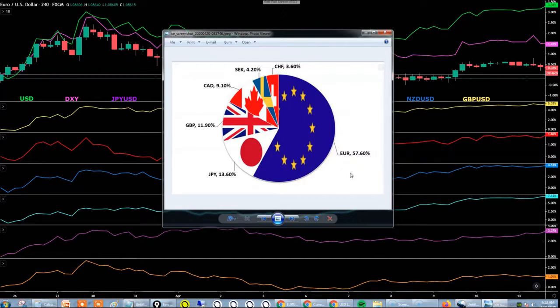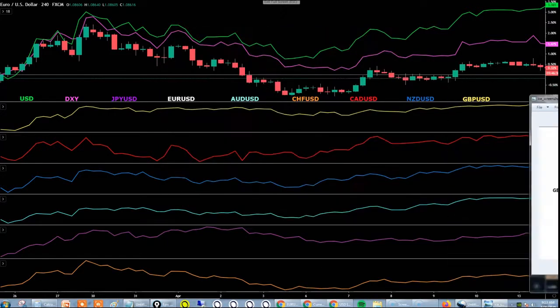Personally, I like to monitor the performance of the US dollar against a basket of other 7 currencies, or as I call it, the G8 FX complex, and I will elaborate on that in a minute.